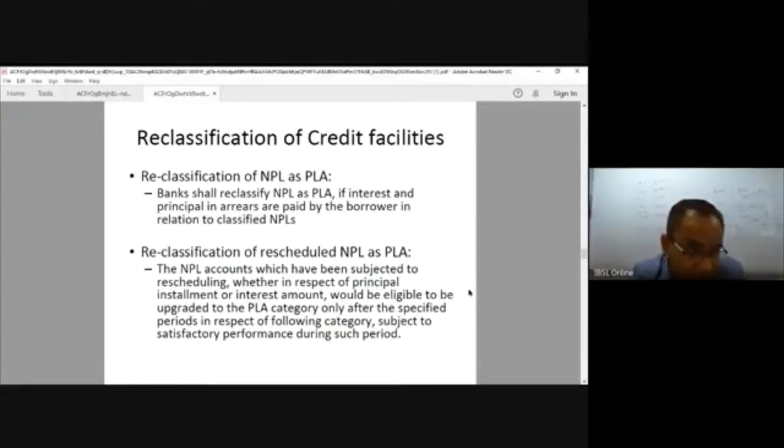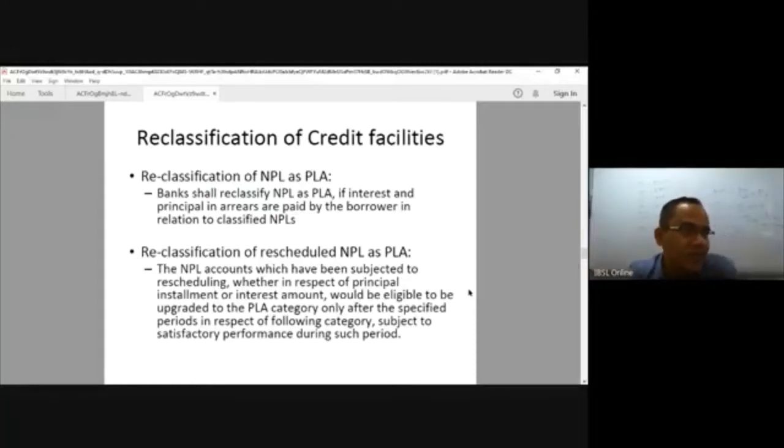That means the customer will not pay the capital for, let us say, 6 months, and the capital repayment will start after 6 months, from April of this year. If the loan was to be paid off in January 2022, it will be paid off only in June 2022. By 6 months, it is extended. Some loans were done that way.